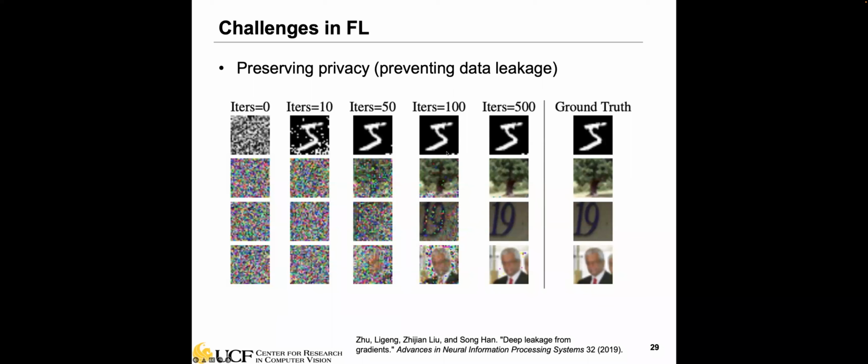If we do enough iterations, you can see that the information can be correctly reconstructed. With digit classification, the original image is pretty much perfectly reconstructed. This digit and this person image are also reconstructed.